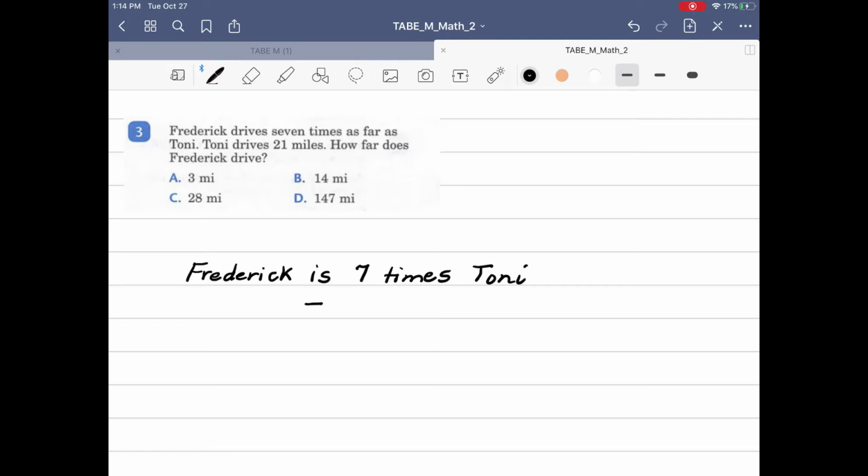So there's my equals. We're looking for Frederick. Tony drives 21, so 7 times 21. So Frederick drives, and we don't have a calculator, so let me work it out over here for you. 7 and then 14. 147 miles for Frederick.